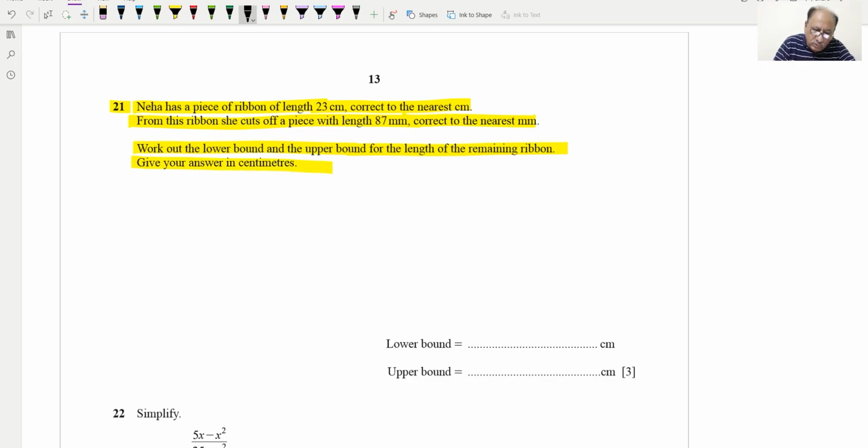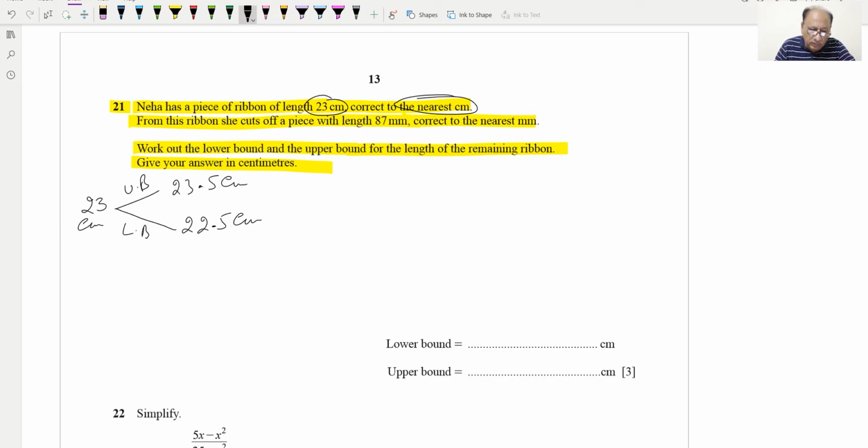So now 23 centimeter is correct to the nearest centimeter. So for 23 centimeter we can check for upper bound and lower bound. So it will be 23.5 centimeter, and lower bound will be 22.5, plus minus half centimeter. So this one.